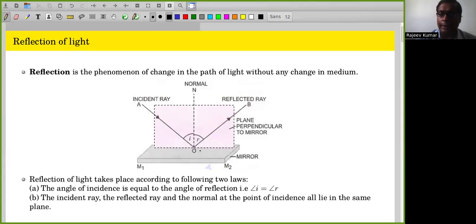We also have to consider that the angle of incidence and angle of reflection are equal to each other for a uniform reflection. So these are a few of the norms for a proper uniform reflection to take place on a plane surface. These are the conditions for reflection to take place.